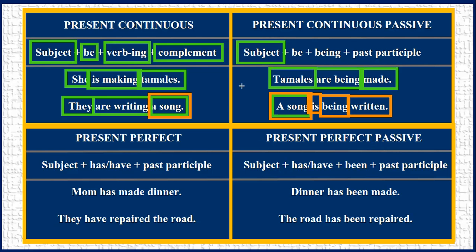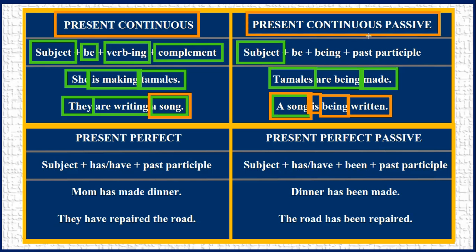So good so far? Yes. Now, this is present continuous versus present continuous passive, where we don't know who the doer is, who is doing the action. Yes? Maybe we don't know, or maybe it's not important, or maybe it's obvious. Okay, everybody?